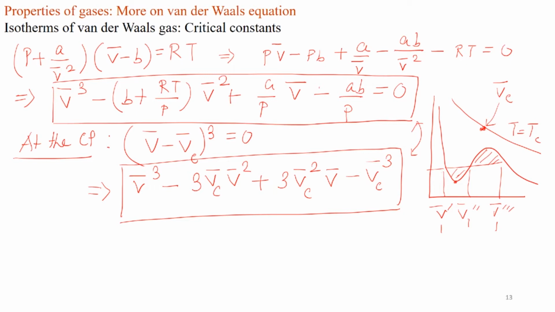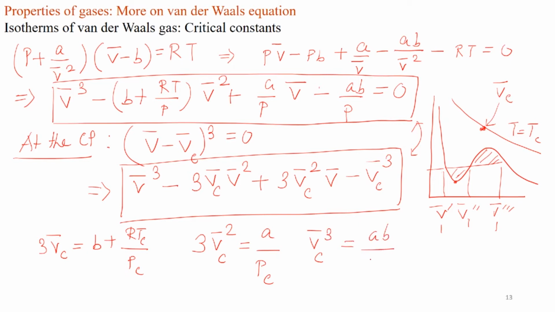If we compare the second term with the second term, or the coefficients of the second terms, we get 3Vc is b plus RTc by Pc. 3Vc square is a by Pc, and Vc cube is ab by Pc. The suffix c for P and T denotes that we are considering the system at the critical point.